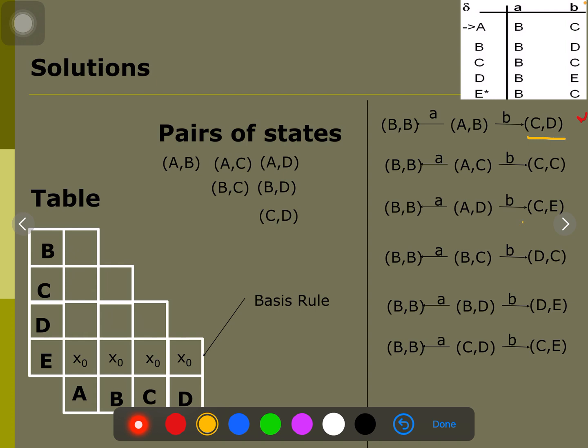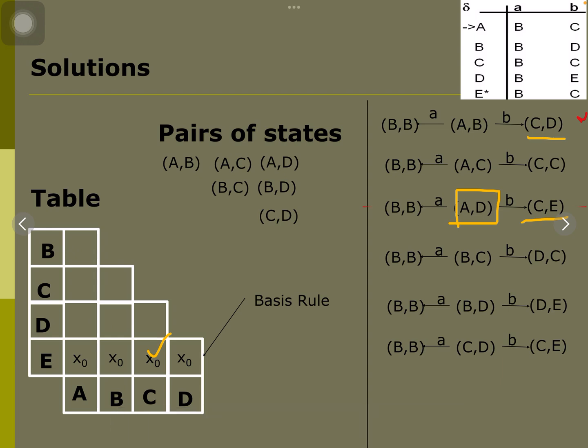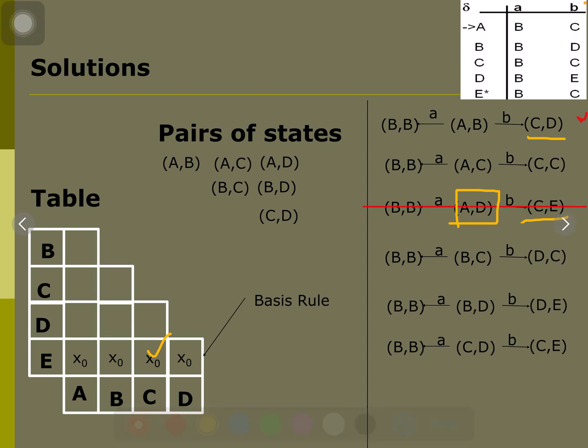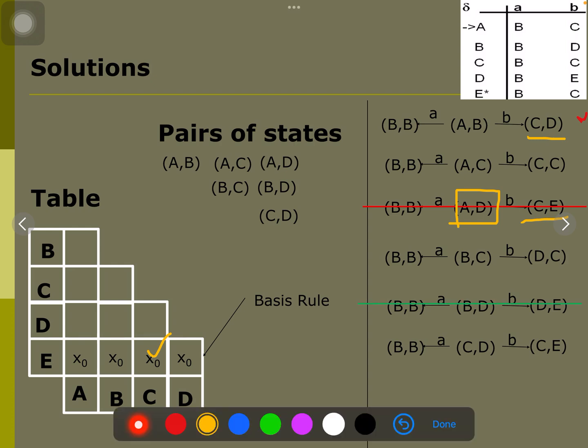CE is marked by X naught, then you have to mark AD. So AD is marked by X1, right?